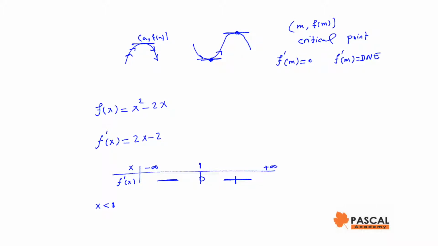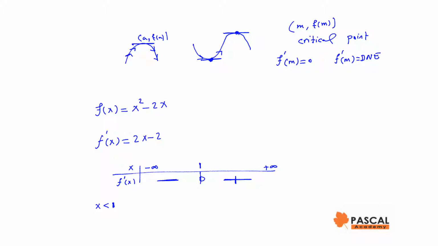Let's see when f of x equals x squared minus 2x is increasing and when it is decreasing. If we find the derivative of the function, the derivative is 2x minus 2. At 1, the derivative is 0; less than 1, the derivative is negative, and for x more than 1 it is positive. This can be solved by a simple linear inequality.